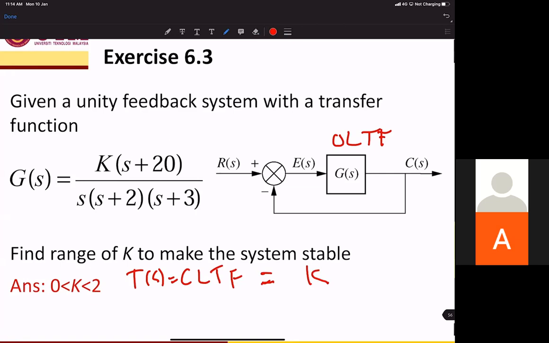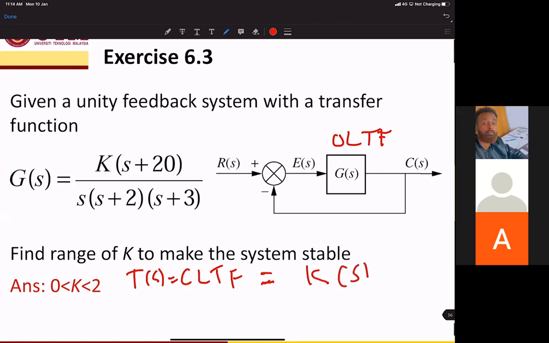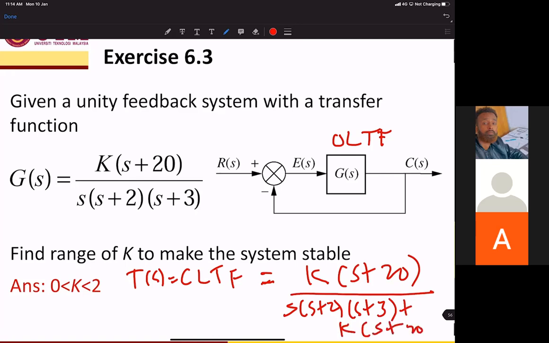Yes, Prof. The closed loop transfer function is K over S plus 20, over S plus 2 and S plus 20. Okay, so that is the closed loop transfer function.